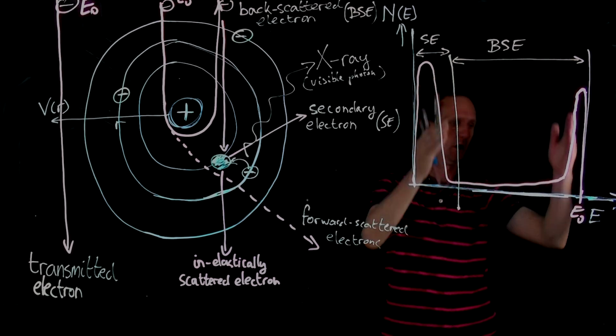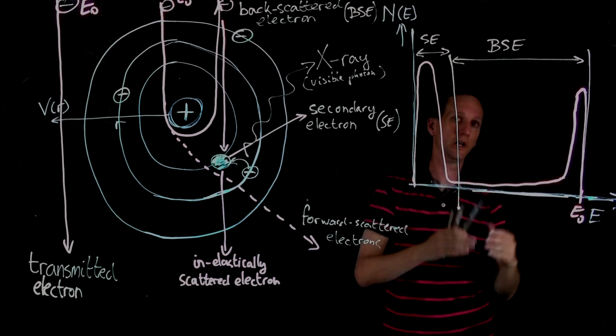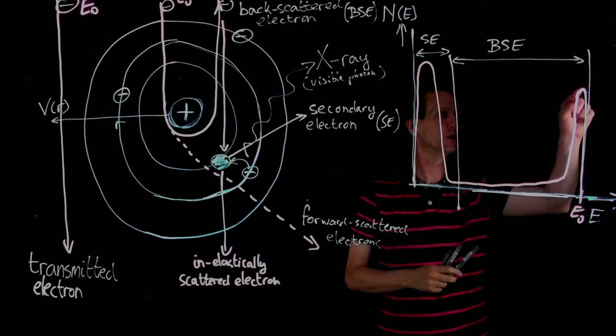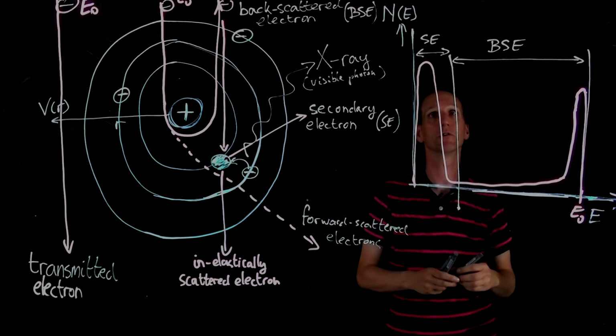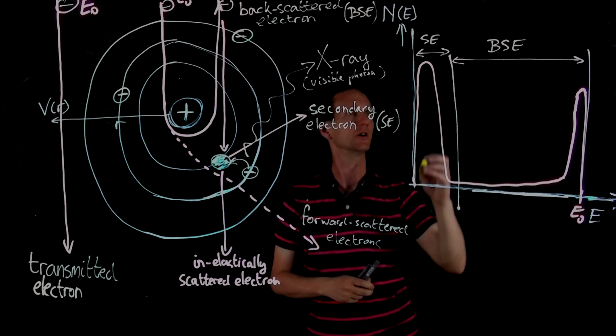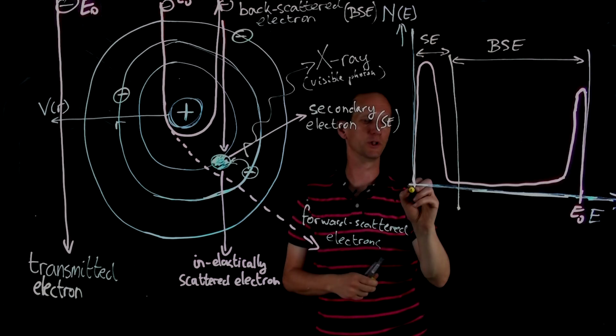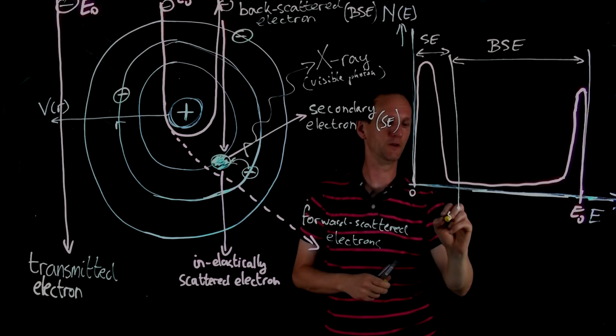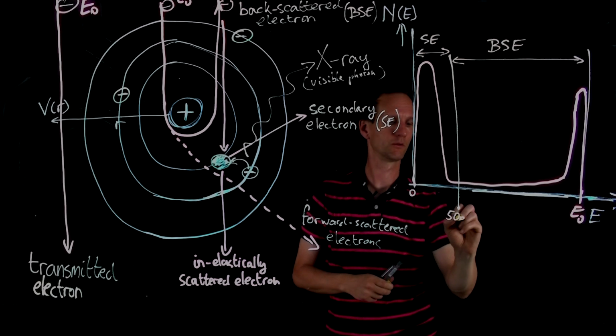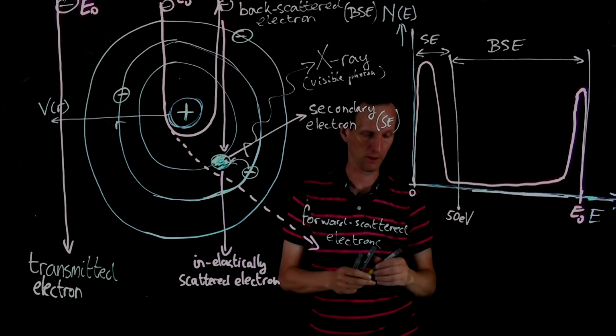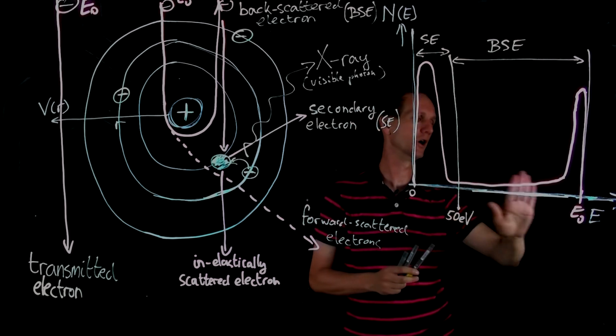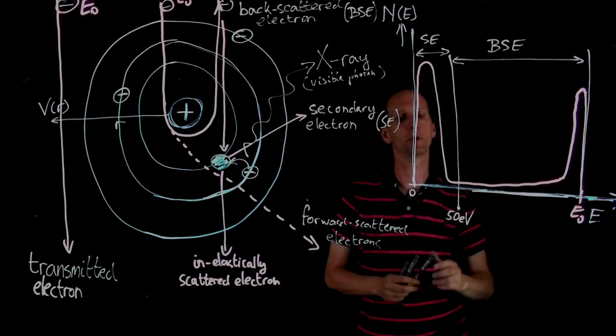It's a very high range in energies, but of course the majority is very close to E0. Now the SE range is typically in between 0 and 50 eV. And the further range, 50 eV up to E0, is the range for the backscattered electrons.